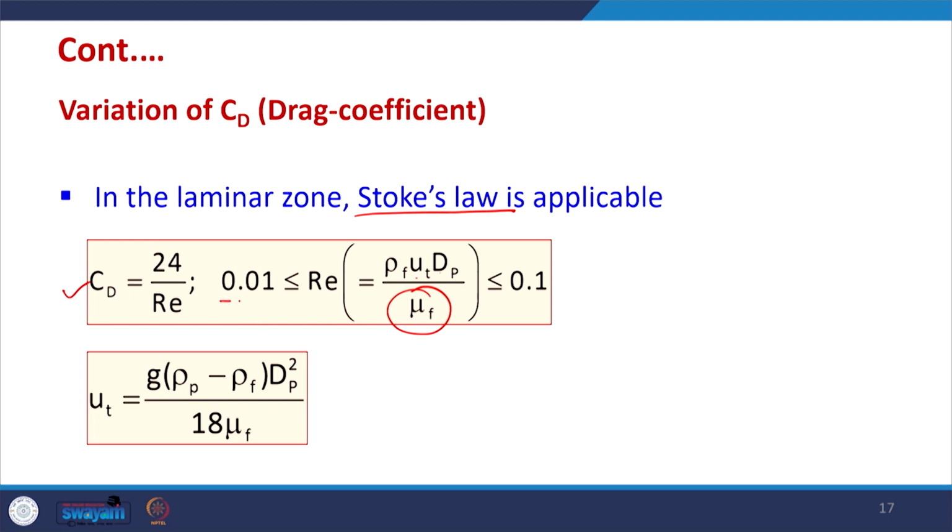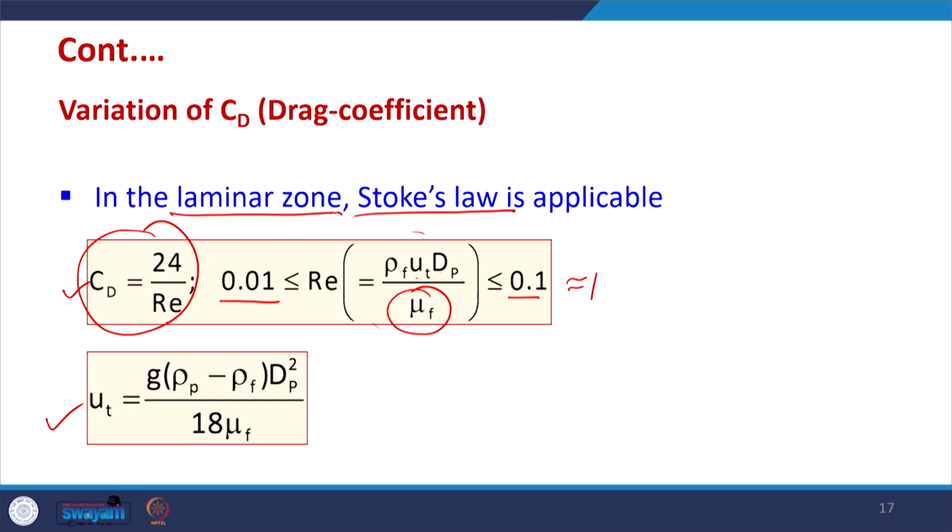If the Reynolds number is between 0.01 to 0.1, sometimes it is taken up to 1 also. Up to this condition C D is taken as 24 by R e, and this R e can be replaced by this term. So, overall the equation becomes u t is equal to g into rho p minus rho f into d p square divided by 18 mu f. This is the equation which is used in the laminar zone.